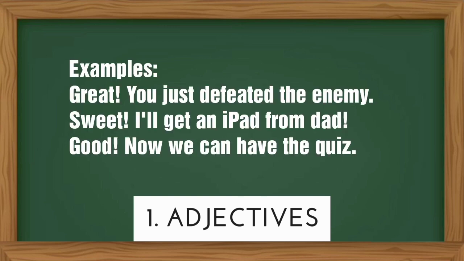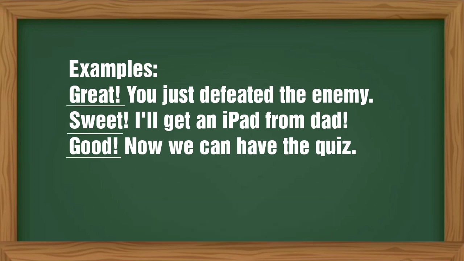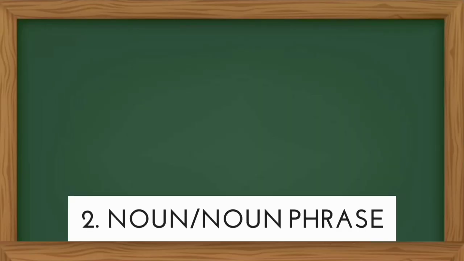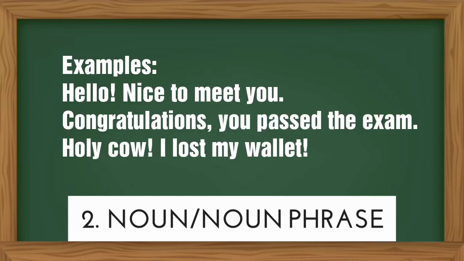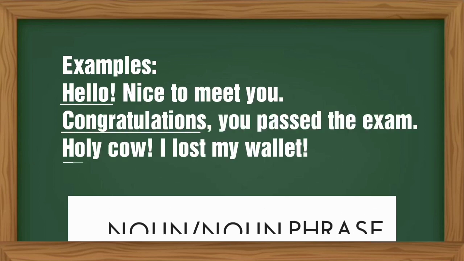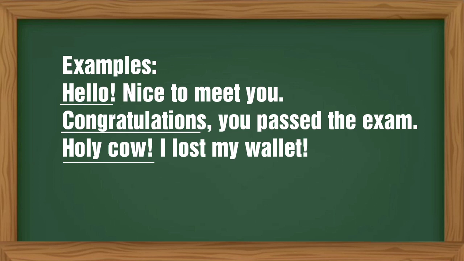In the following examples, great, sweet, and good are adjectives which are used as interjections in the sentence. The second type are nouns or noun phrases. Some nouns and noun phrases can also be used as interjections. In the following examples, hello, congratulations, holy cow are examples of nouns or noun phrases which are used as interjections in the sentences.